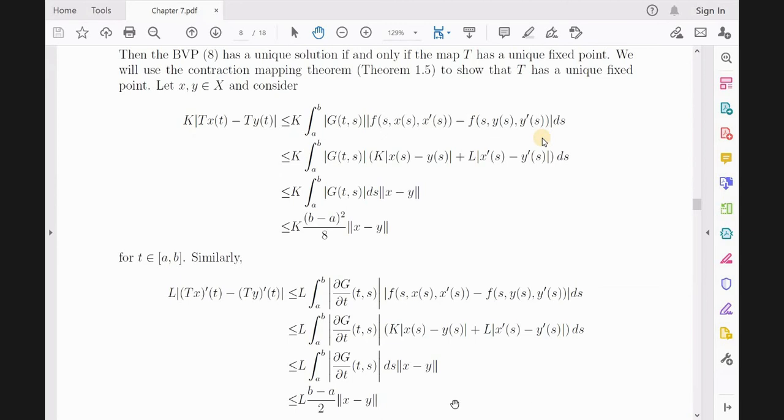So this is less or equal to L into (b minus a) over 2 into norm of x minus y. You can see this partial derivative of G with respect to t, its absolute integral is less or equal to (b minus a) over 2.